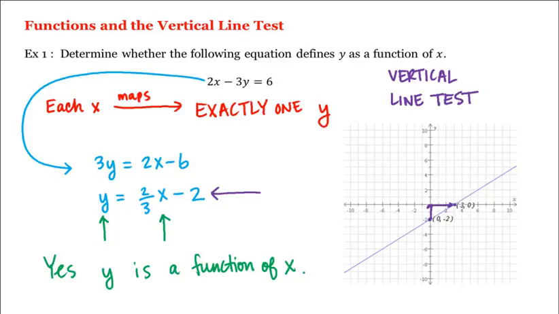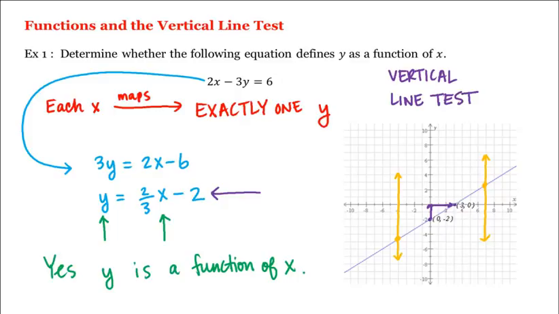What it says is that an equation defines a function if each vertical line in the rectangular coordinate system passes through at most one point on the graph. Looking at our graph here, any vertical line that we pass through this graph will intersect the graph at only one point. So it represents a function.